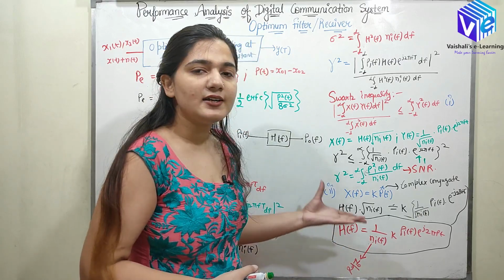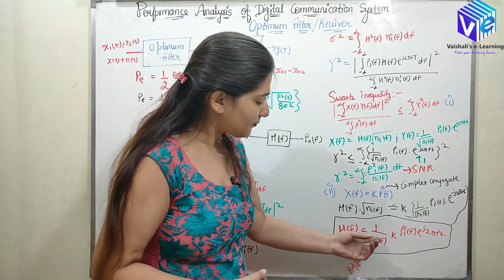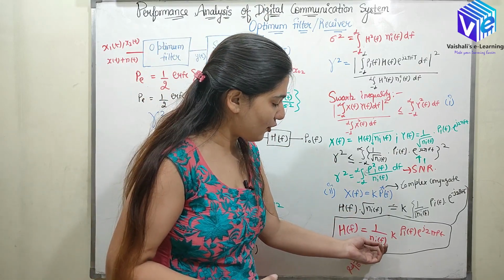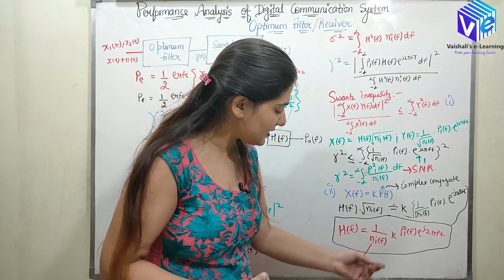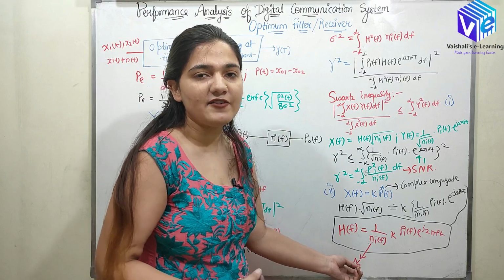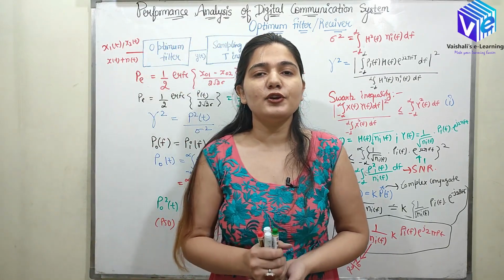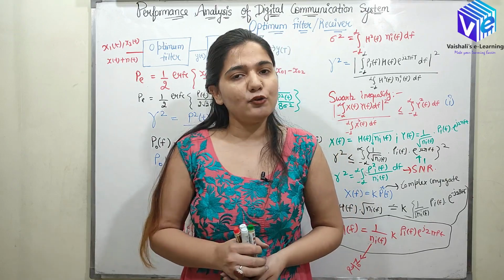So the matched filter is the special case of the optimum filter where the noise power spectral density is taken to be equal to the additive white Gaussian noise power spectral density, which is N0 by 2. In my next video I am going to talk in detail about the matched filter.